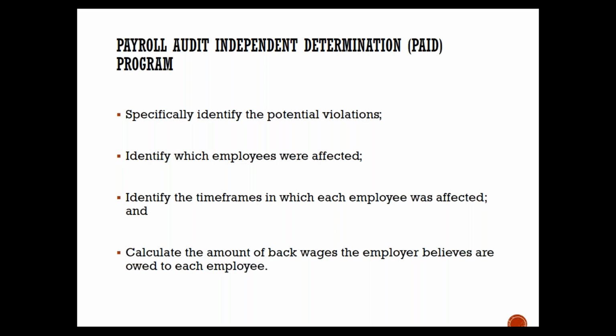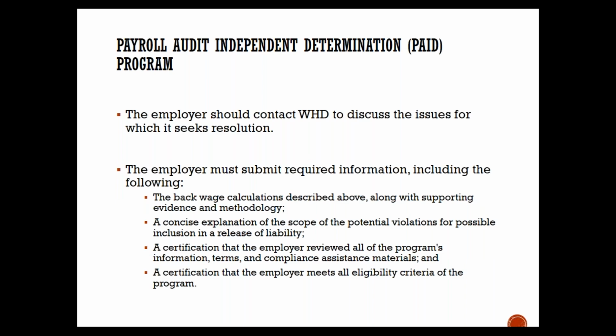We made a mistake, we're going to self-report, and you have to identify which employees were affected, the time frames, and calculate all the back wages that they believe are owed to the employee. So you would put this all in the system. You contact the Wage and Hour Division to discuss the issues and what your potential resolution would be.